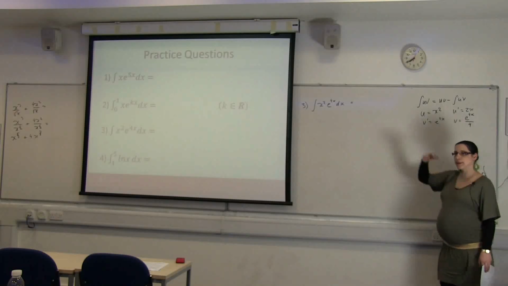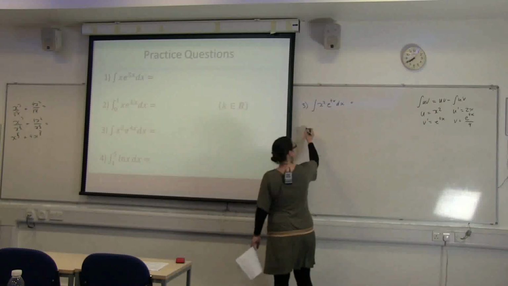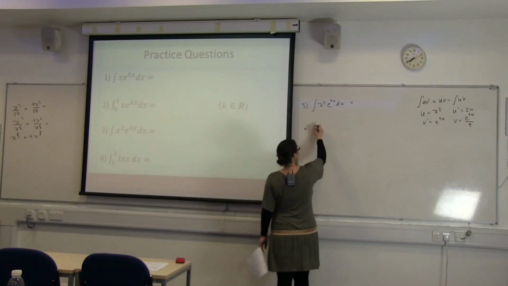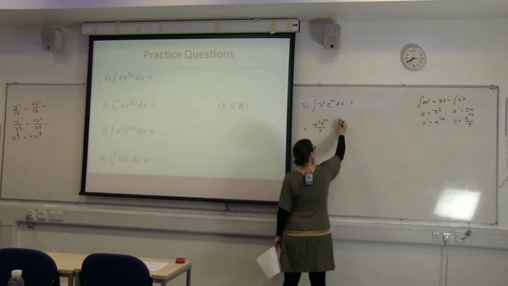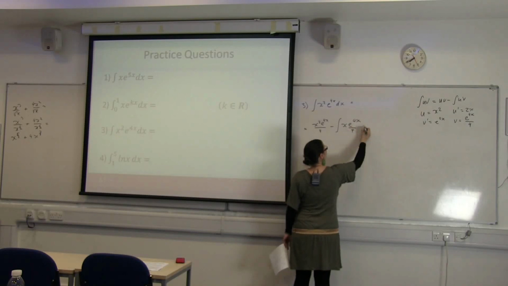Exactly the same way as we done it with the previous one. So, this is now equal u times v, which is x squared e to the 4x over 4 minus integral x times e to the 4x over 4 dx.